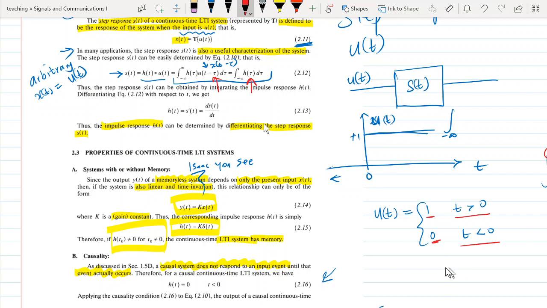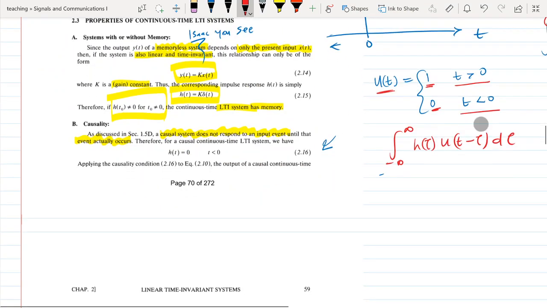So what we are saying is that we want to transform this integral to only when u of t is equal to 1. It is saying that it is defined as h of tau, u of t minus tau d tau.